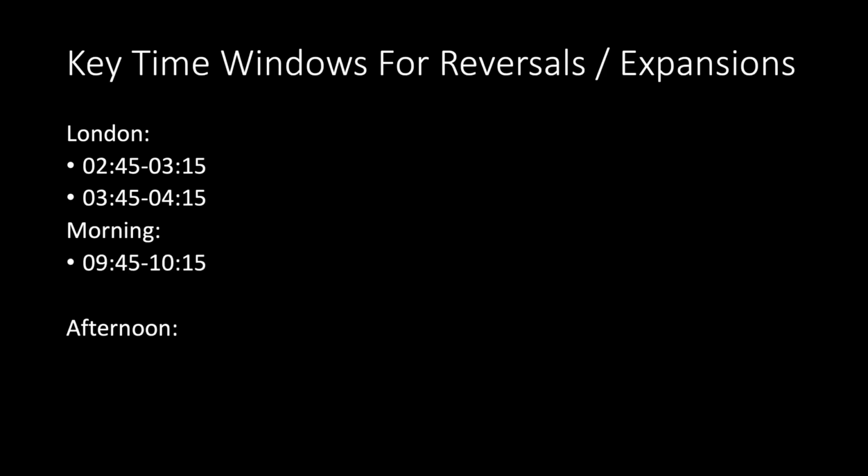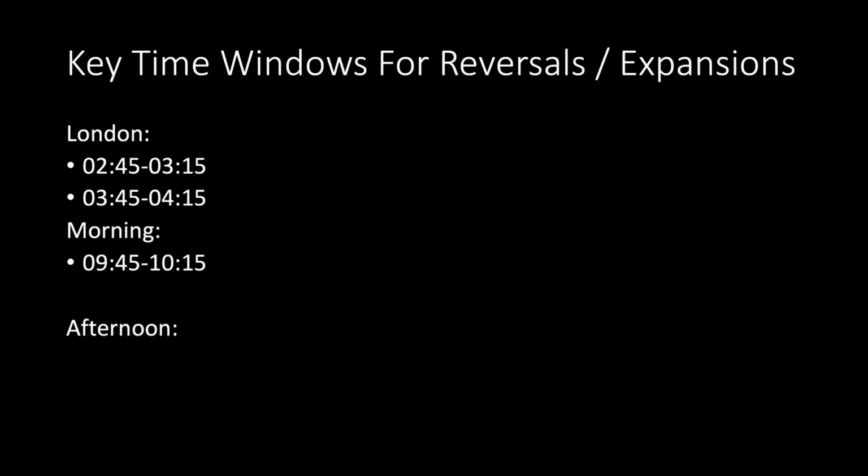If we take a look at the morning session, the first key time window for the morning session is from 9:45 to 10:15. Between 9:45 and 10:15, we want to see either a smart money reversal form if it's not in already, or we want to see the market begin to show signs of willingness to expand into our anticipated direction.